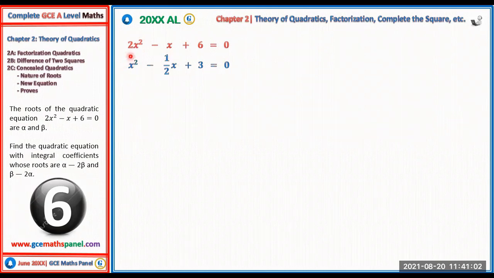Then, in this form, what we have here is the sum of roots, and this other term is the product of roots. In fact, whenever the coefficient of x squared is 1, the quadratic is in the form x squared minus sum of roots x plus product of roots.